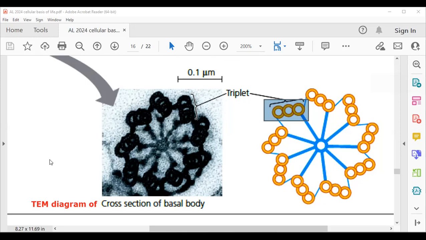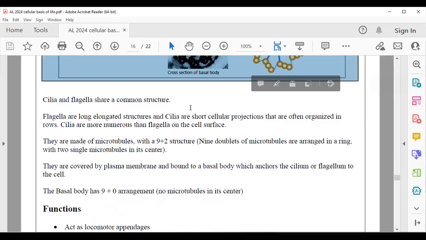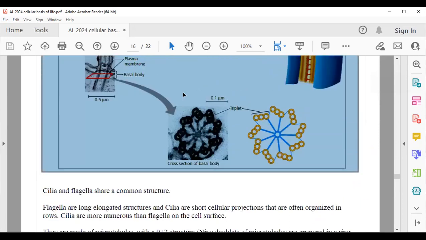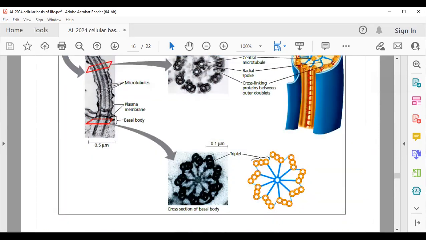In a cell, cilia will be very large in number, thousands of cilia in one cell.